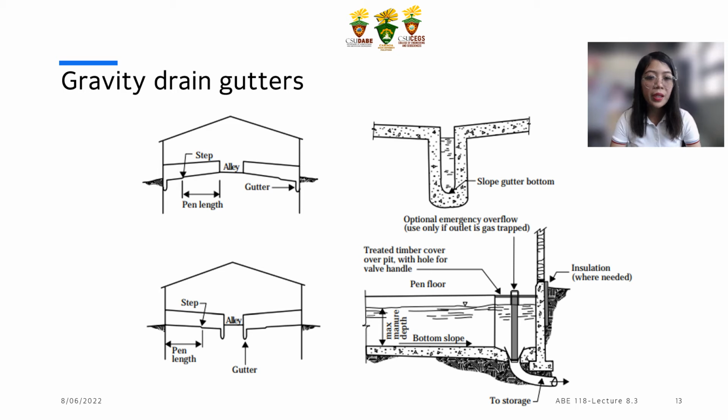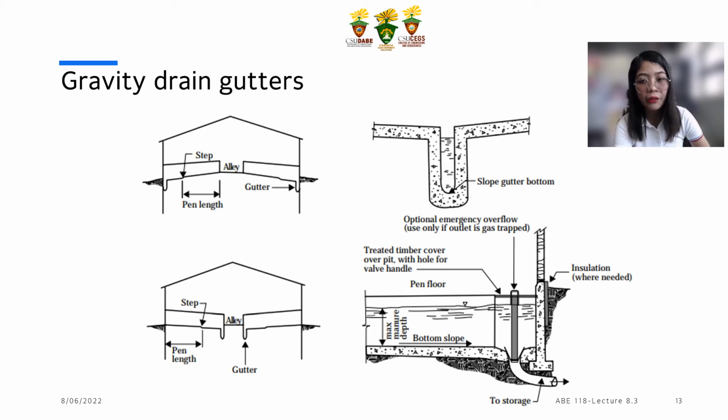So first, we have the gravity drain gutter. It is a deep, narrow gutter that can be used in swine finishing buildings, like in this picture. These gutters are the lowest elevations of the pen. The animal traffic moves the waste to the gutter.